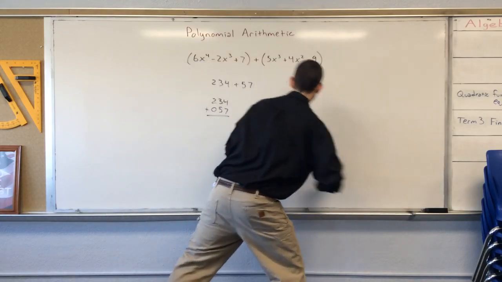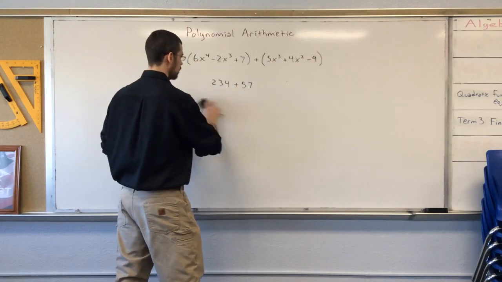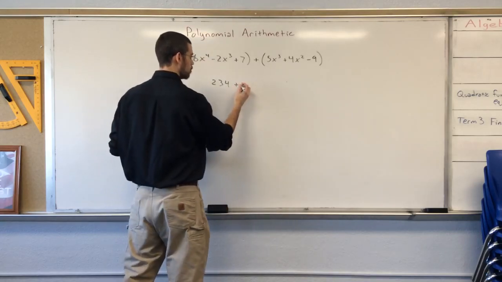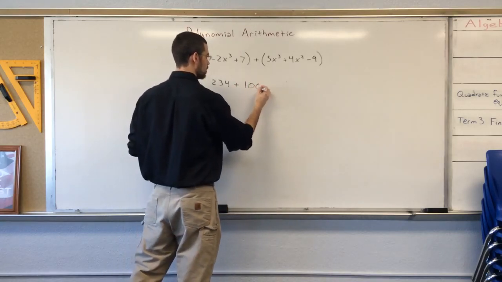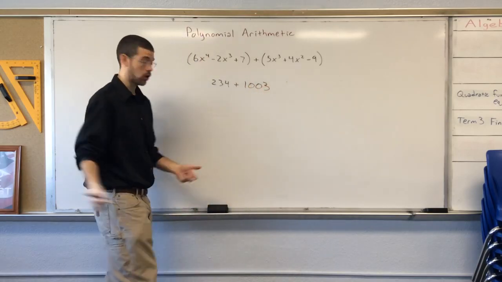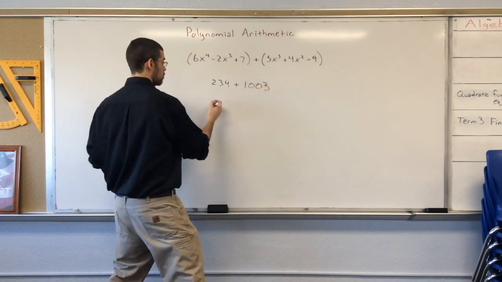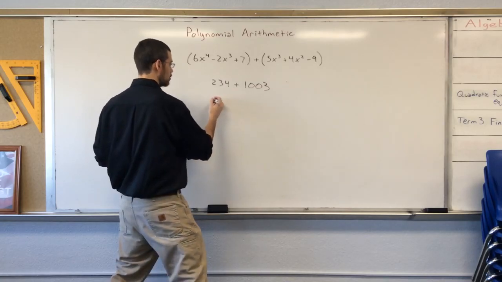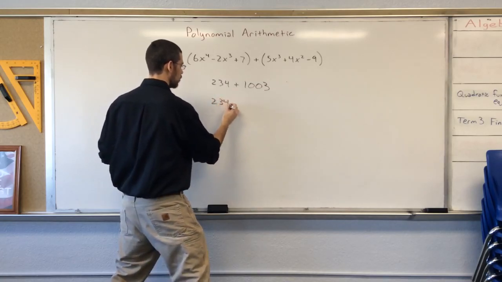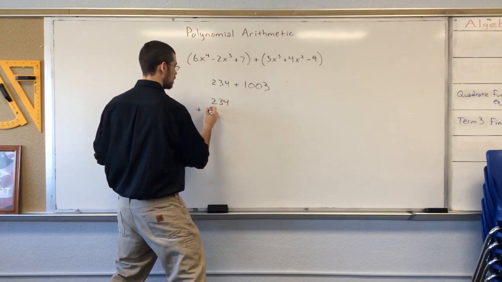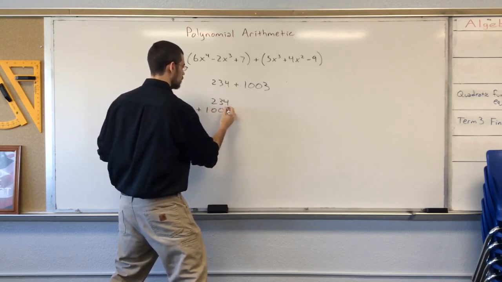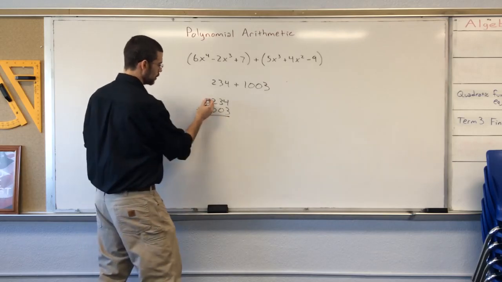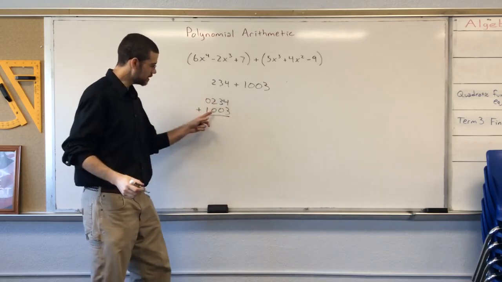Or, take another example. What if we were going to add 234 plus 1003? Okay, we'd line those up. A lot of times you would put the bigger one first. It doesn't really matter though. So let's say 234 plus 1003. Again, we could put a 0 here. We need these zeros.